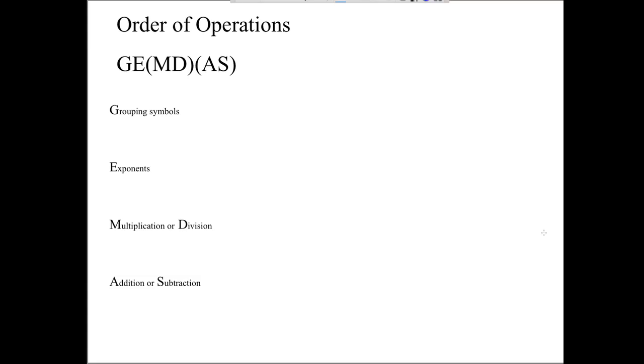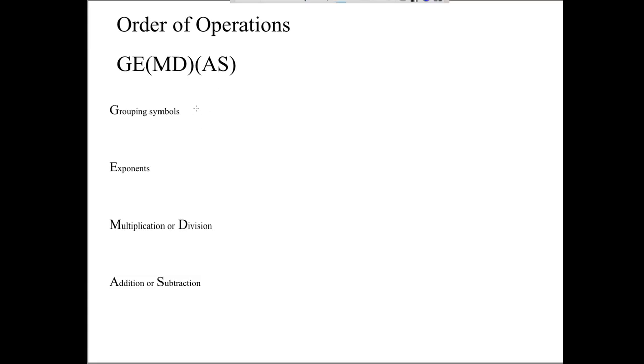Let's go through what these letters mean. G is for grouping symbols, E is exponents, M is multiplication, D is division, A is addition, and S is subtraction. This is the order in which we do things. First, we do anything inside of a grouping symbol. A grouping symbol is not just parentheses, but any number of these types of symbols.